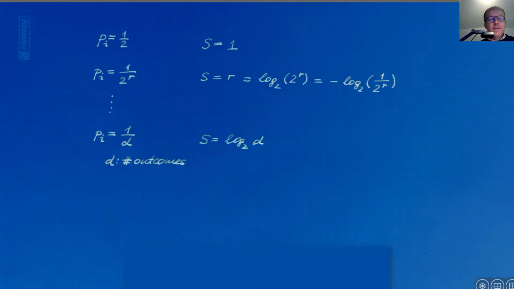And this opens a possibility to find the general formula.